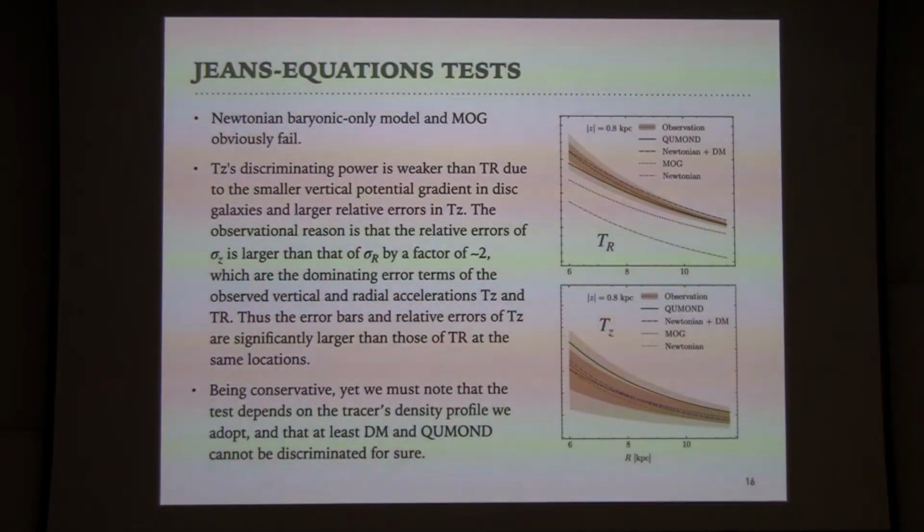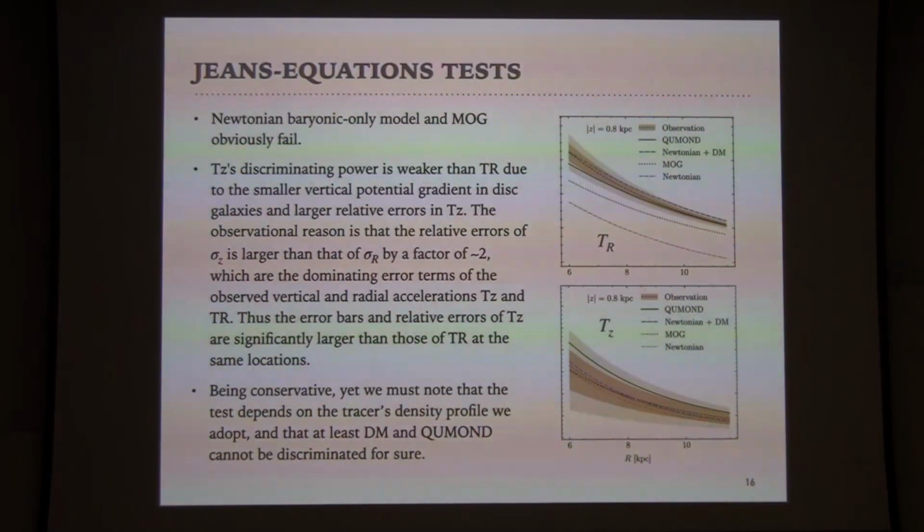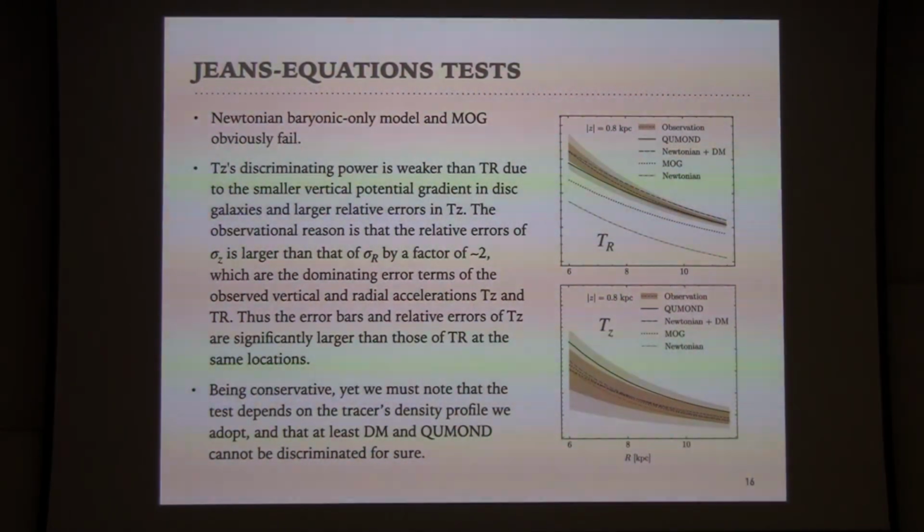The test depends on the tracer's density profile we adopt, and it's important to note that it doesn't necessarily discriminate for sure between dark matter and MOND.